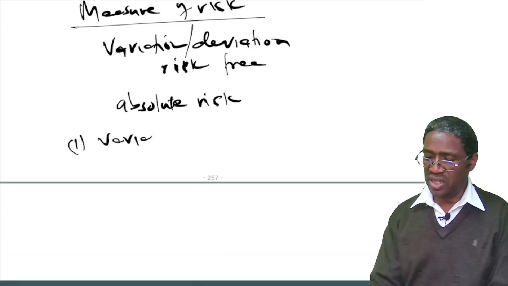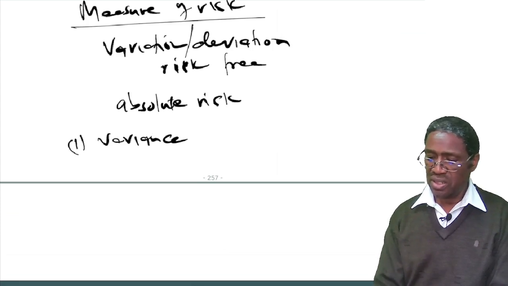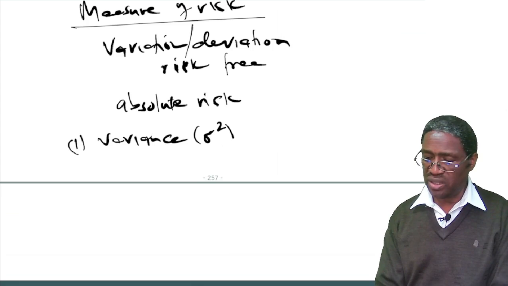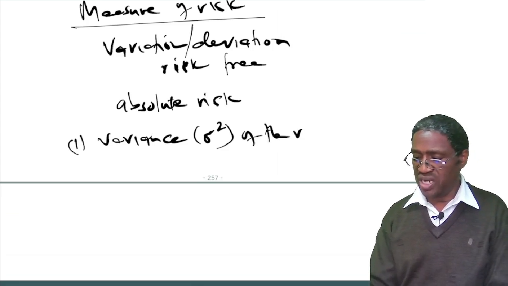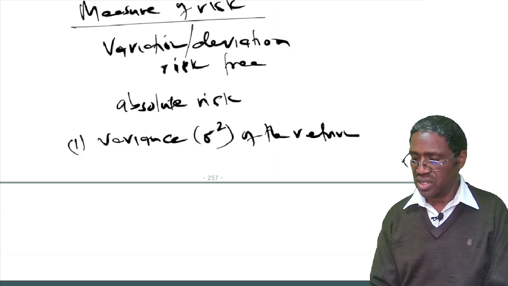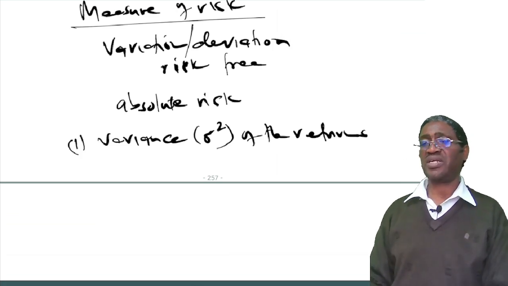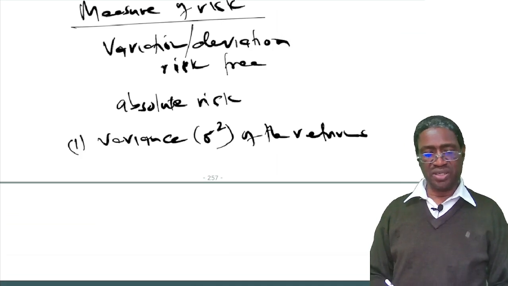This is variance, in bracket theta squared, of the returns.